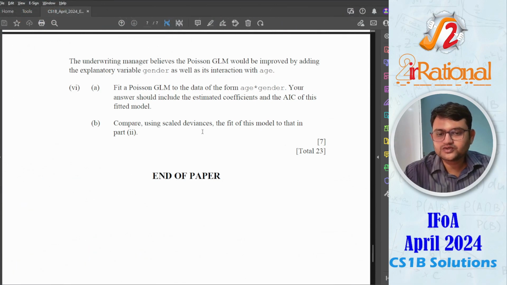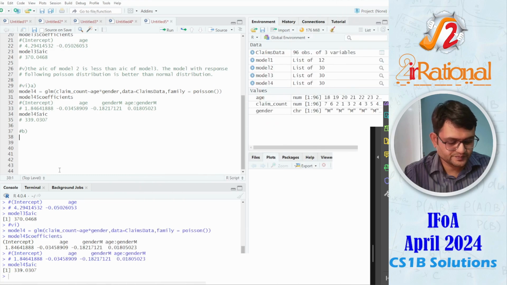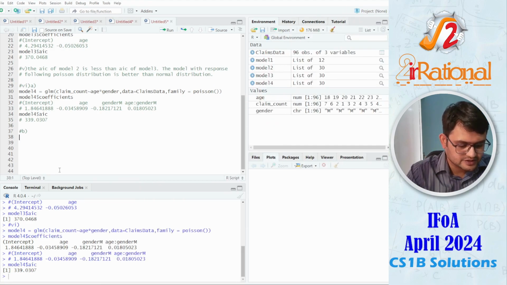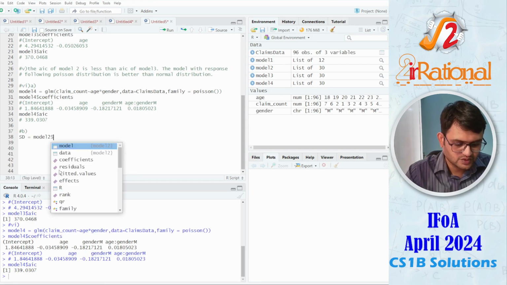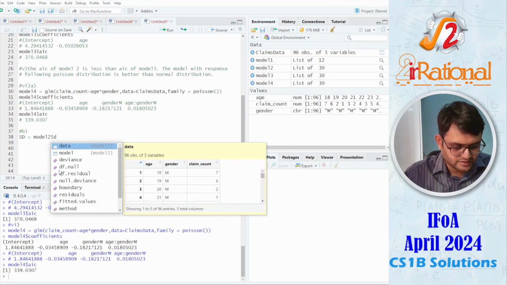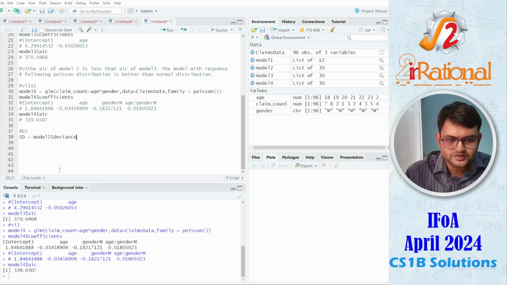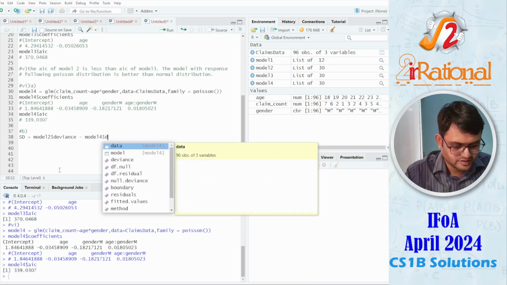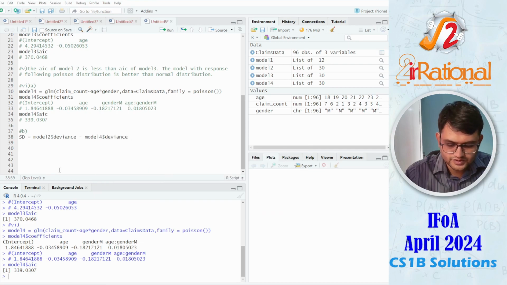B part, compare using the scale deviance the fit of this model to that in part 2. So first we will calculate the scale deviance. Change in scale deviance would be model 2 dollar deviance minus model 4 dollar deviance.